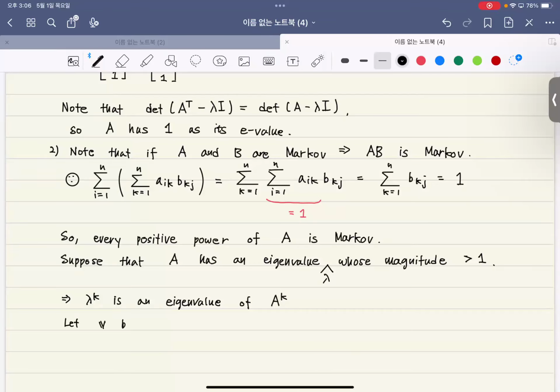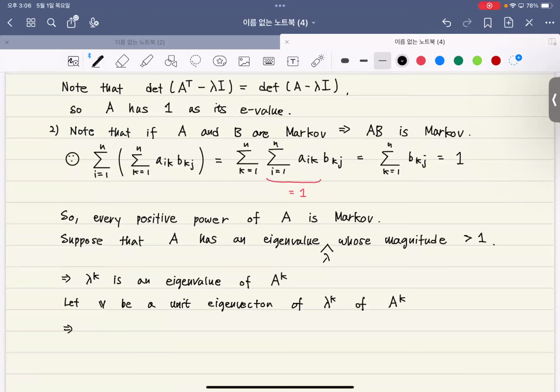Let v be a unit eigenvector of lambda^k of the matrix A^k.